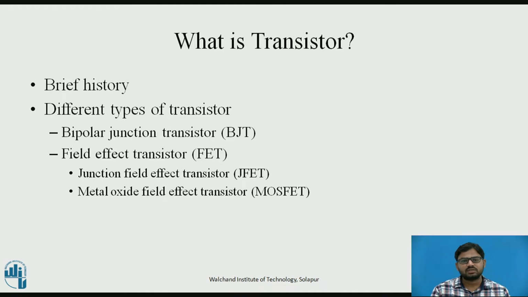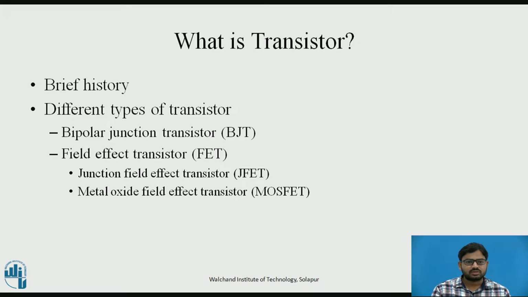With the advance in semiconductor technology, the first transistor was successfully demonstrated in 1947 in Bell Laboratory by Shockley and other fellow members.